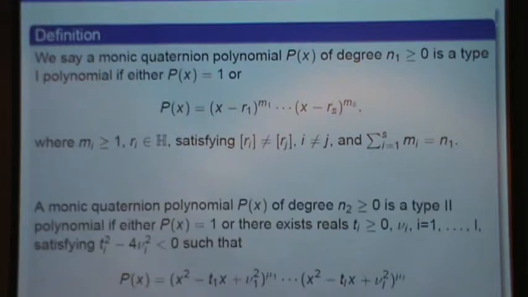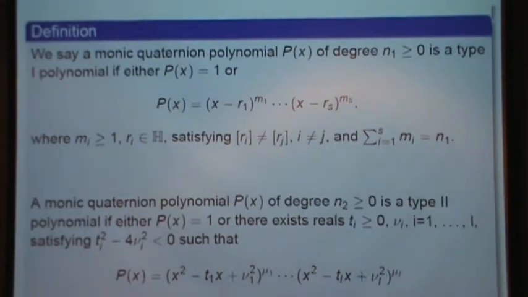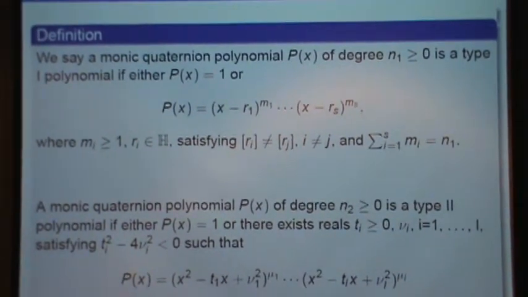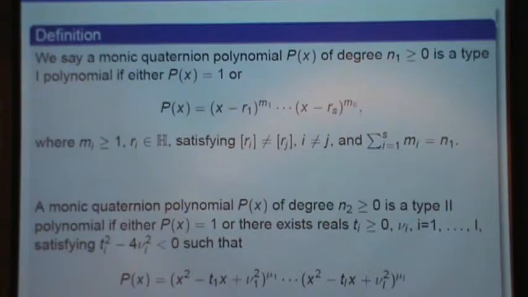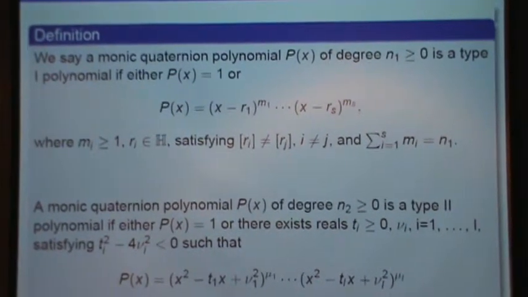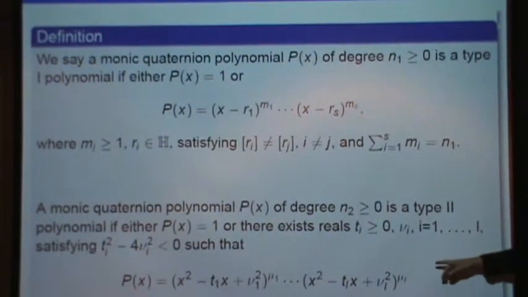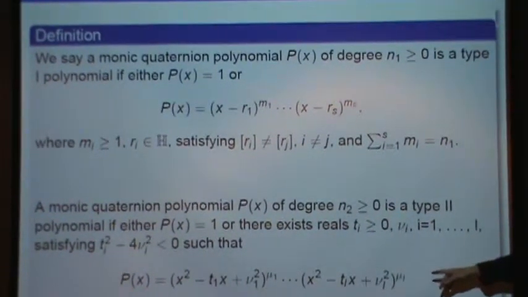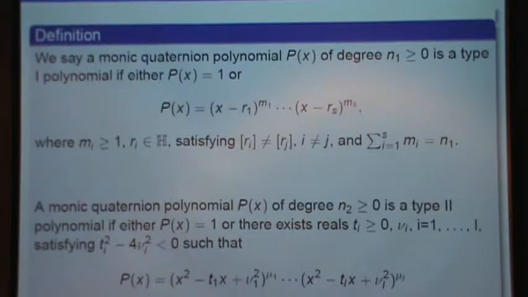A monic quaternion polynomial of degree n bigger than or equal to 0 is a type 2 if essentially it factors into the product of characteristic polynomials raised to some powers.